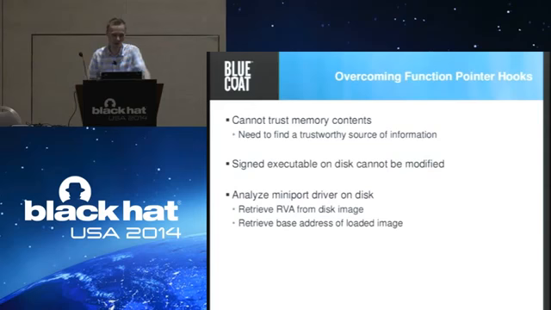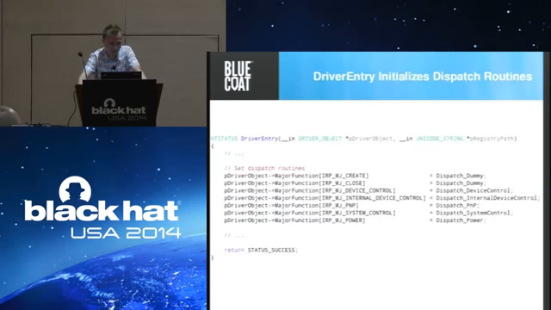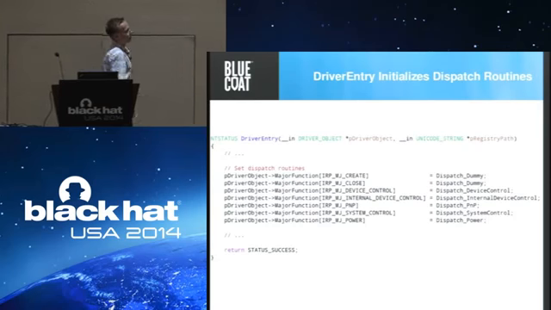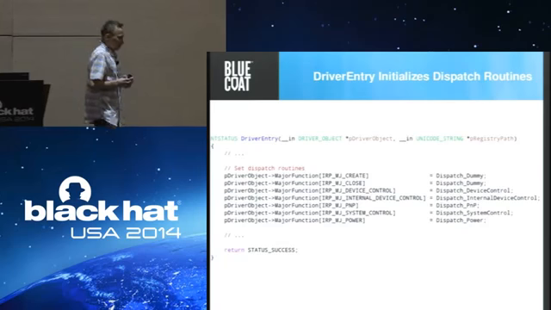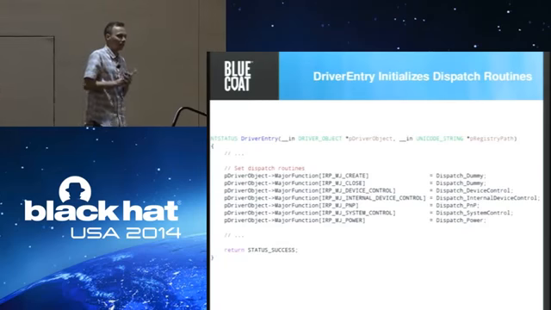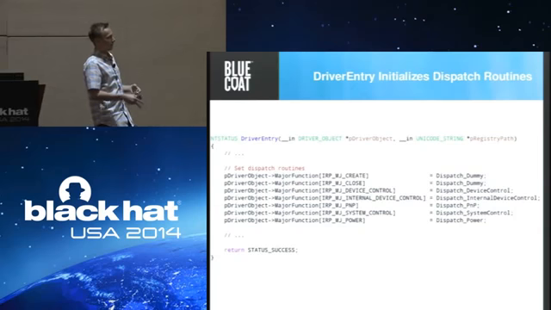Okay, so how do you go about doing this? How do you analyze the miniport driver on disk in order to locate the RVA of the original dispatch routine? So actually, it's slightly tricky. What you see here is a simplified example of a driver entry routine. This one is the entry point of the driver, basically. So whenever it's loaded, this routine will run.